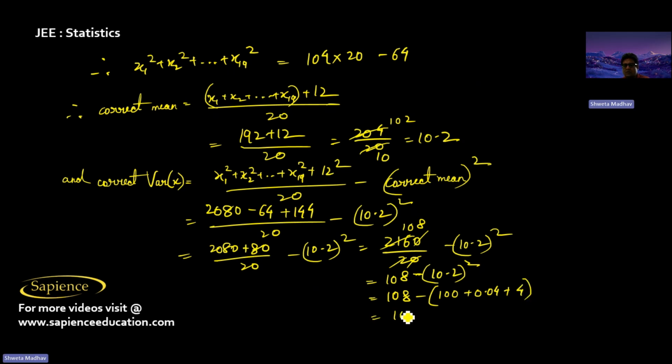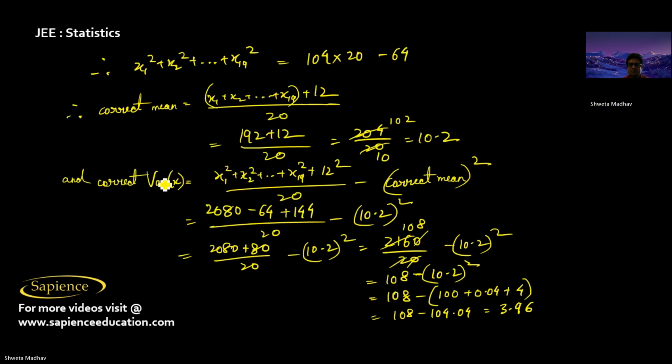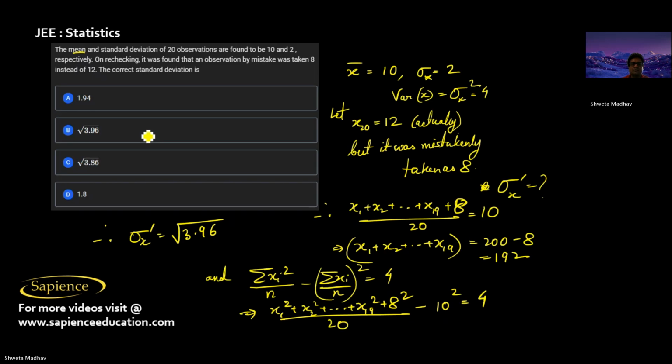So this will be 108 minus 104.04, which is actually 3.96. So hence, the correct standard deviation will be square root of 3.96. So option B is the correct answer.